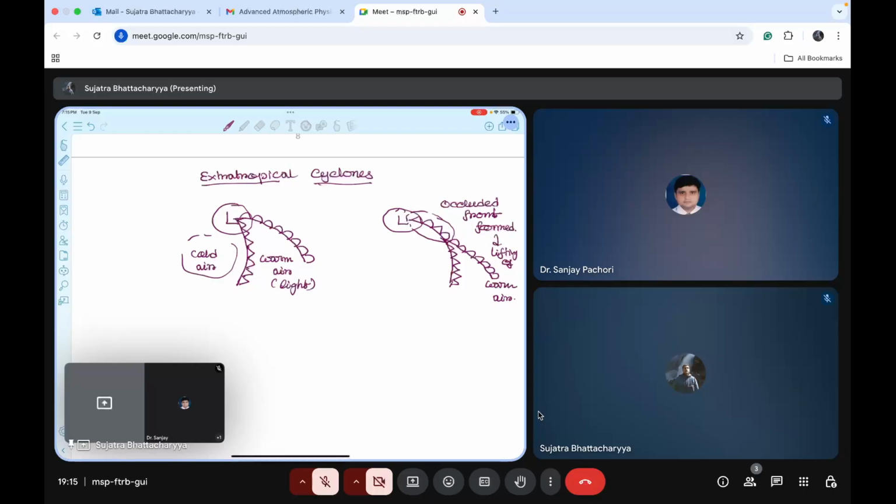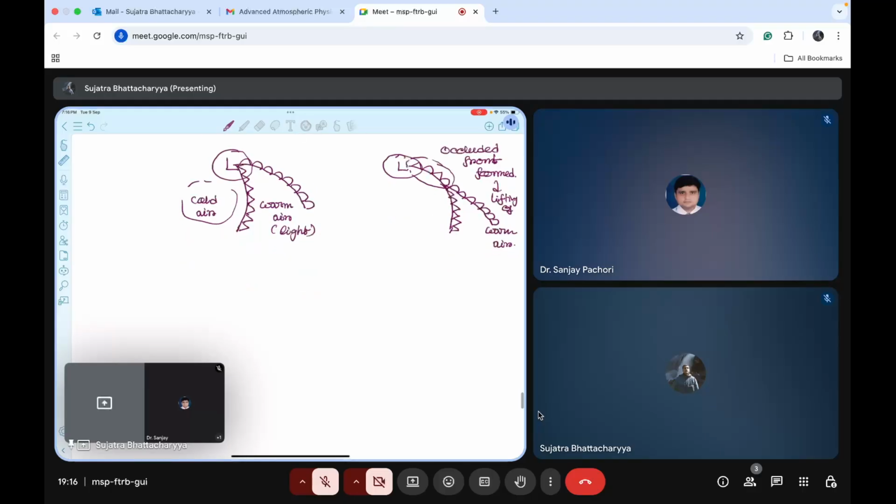Let me just write it step by step, to give you a feel of how extratropical cyclones happen. So the cold front tries to catch the warm front.